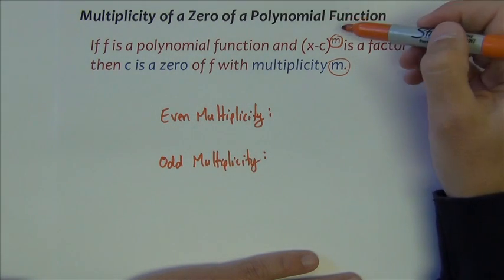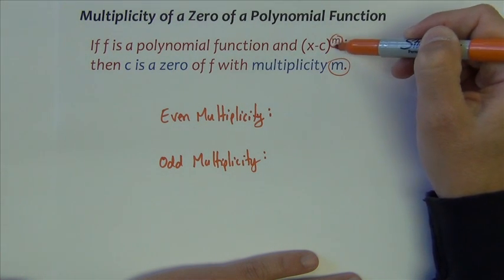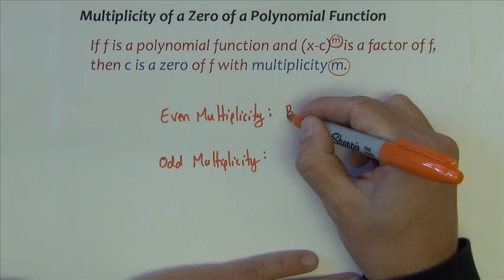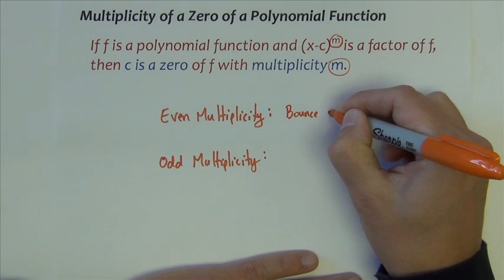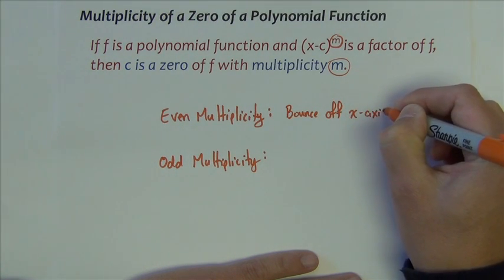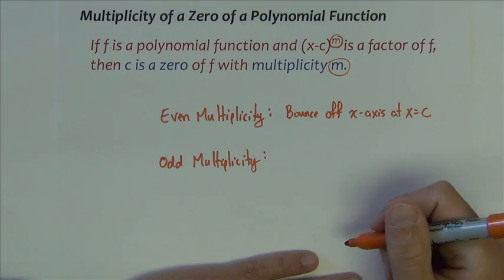okay, a zero with even multiplicity, so if this binomial here is raised to the second power or to the fourth power, an even number, then the graph will bounce off the x-axis at that zero.